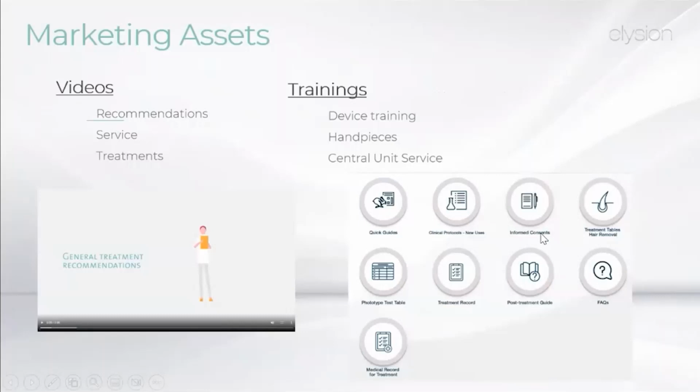You can find, for example, in our internal platform, the quick guides, the clinical protocol, and the informed consent. So all of this is available in case you need it for Elysion.